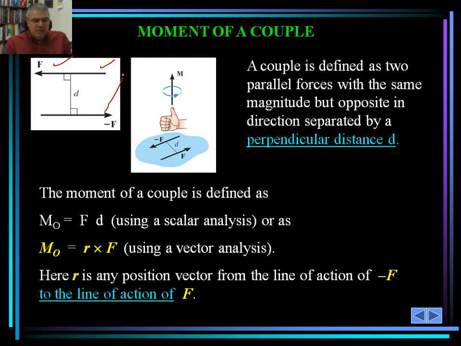So do not double that, saying there'll be a moment F times d because of F, and there will be another moment because of the negative F. That's a common mistake that learners make when they're dealing with the couple at the beginning.